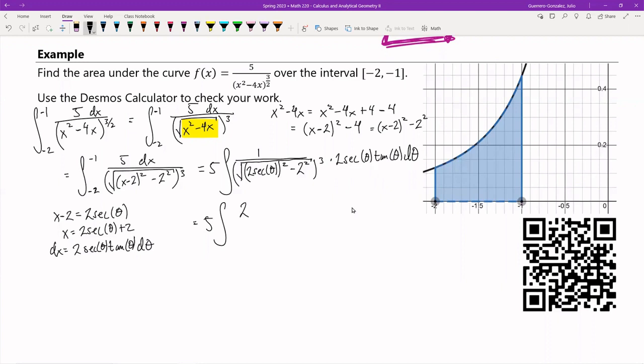So it's going to be 2 secant theta tangent theta d theta divided by the square root of 4 times the square root of secant squared theta minus 1, and this is still all cubed.